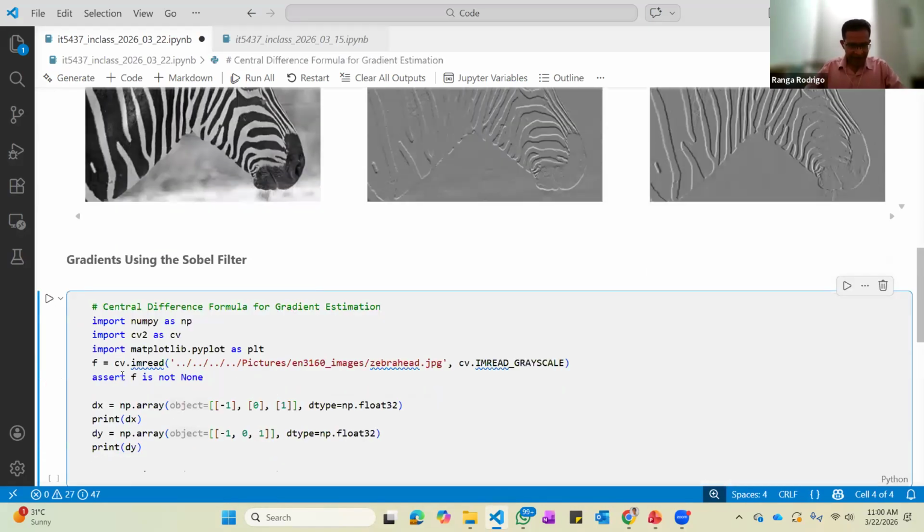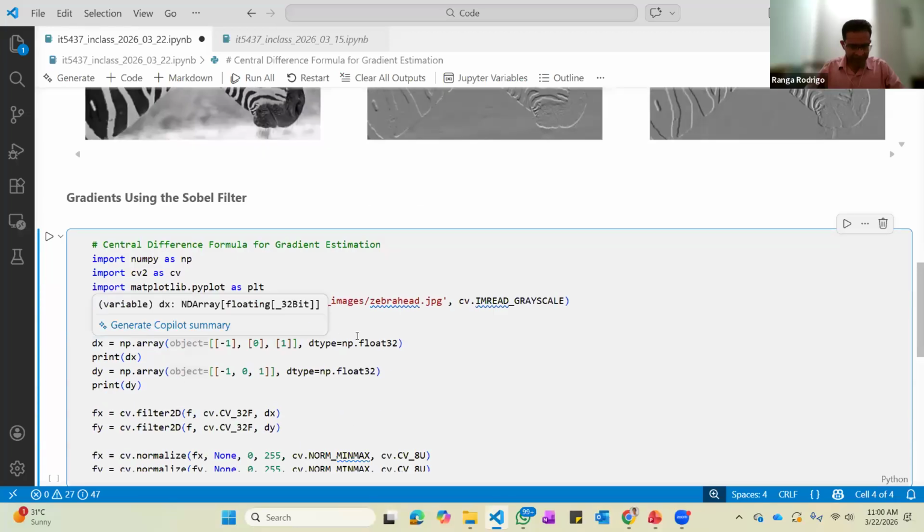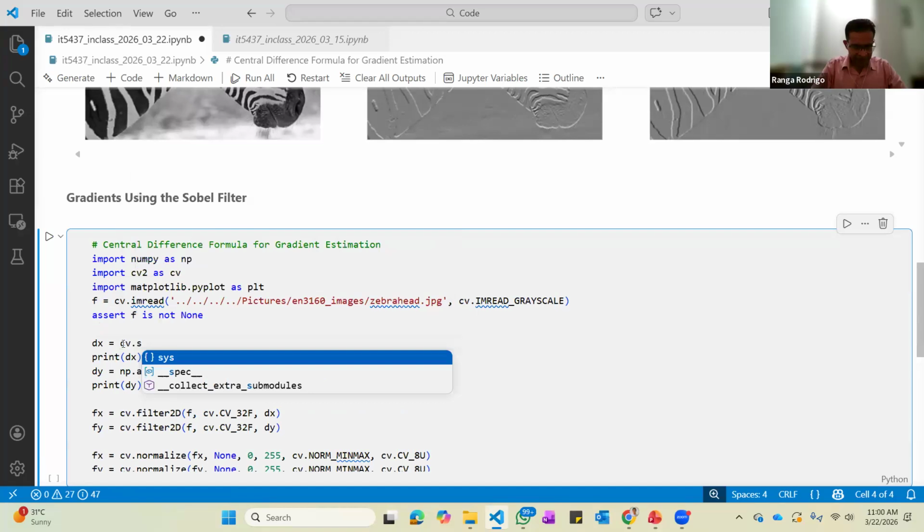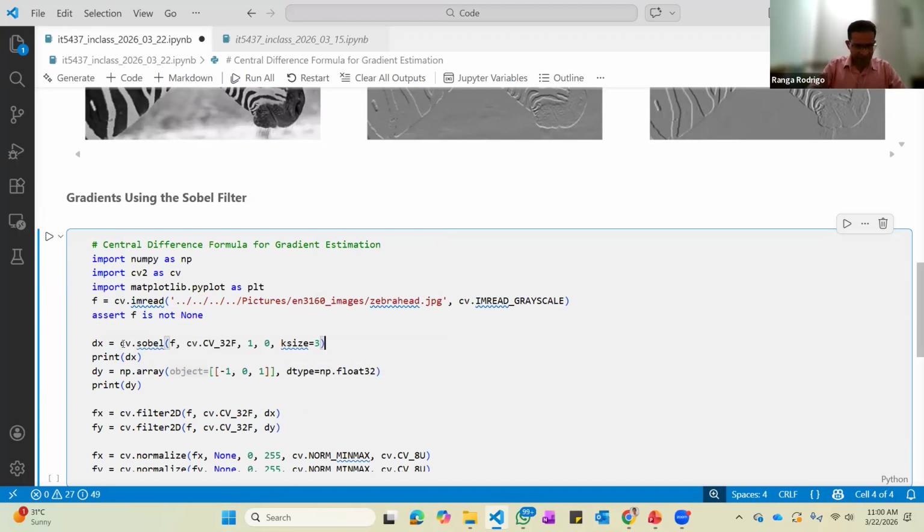So rather than having this dx, we had used the Sobel filter, right? cv.Sobel. Let's print and see.